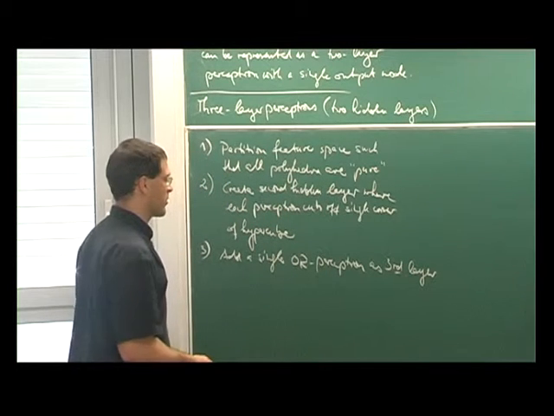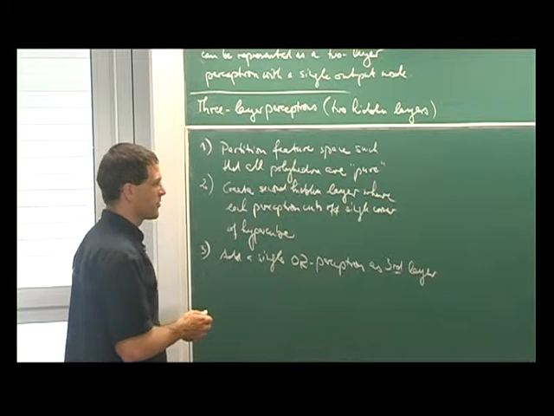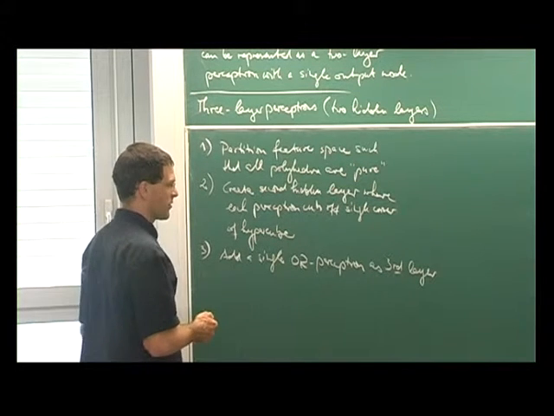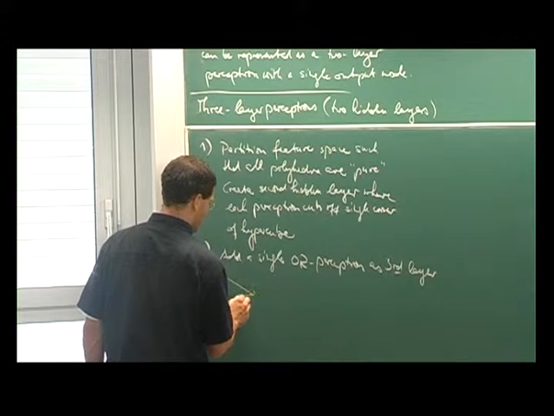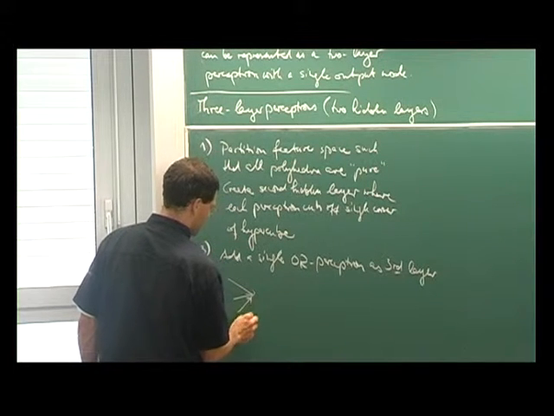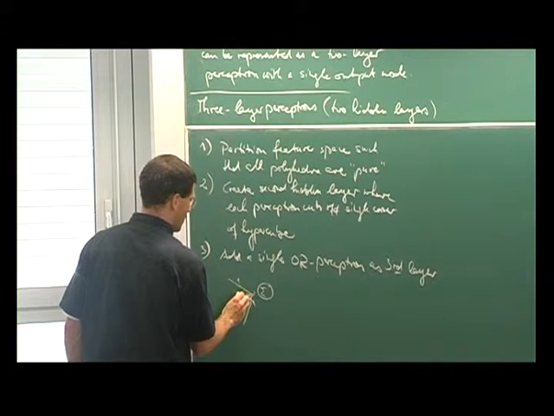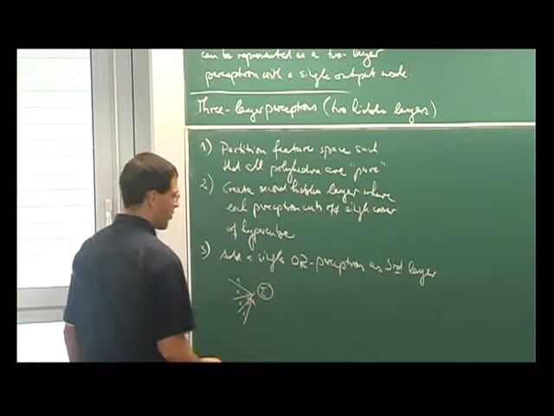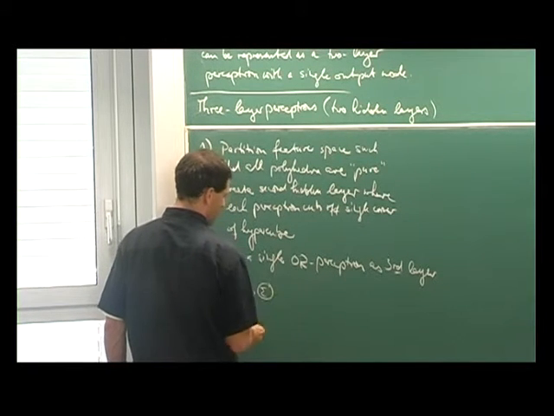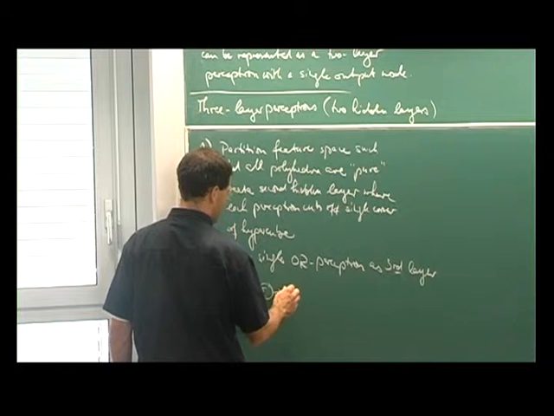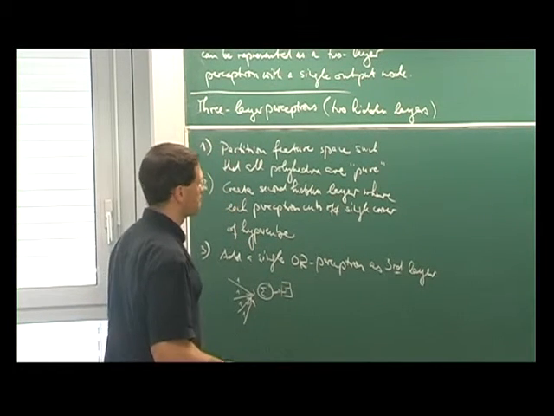An OR perceptron means that if at least one of its inputs is activated, then the output is also going to be activated. So this would be a perceptron where all the inputs are 1 and you have no bias, and you then put this through your activation function.